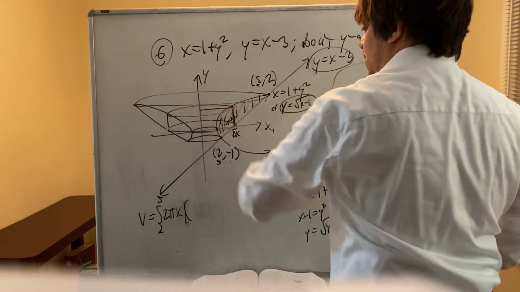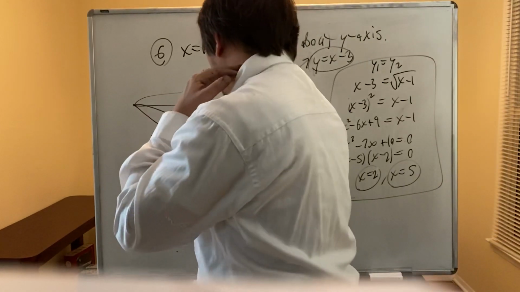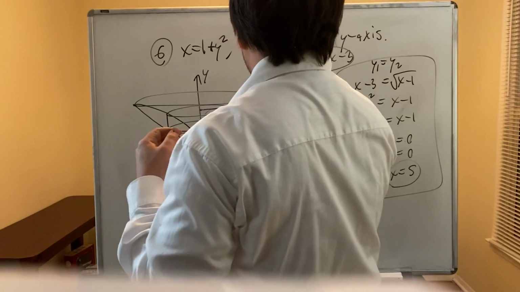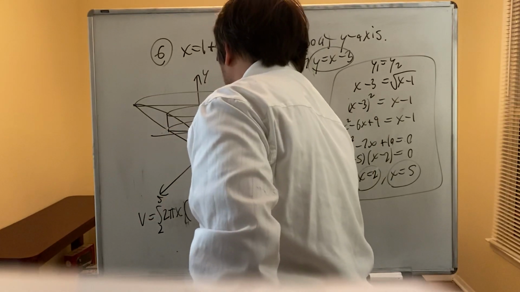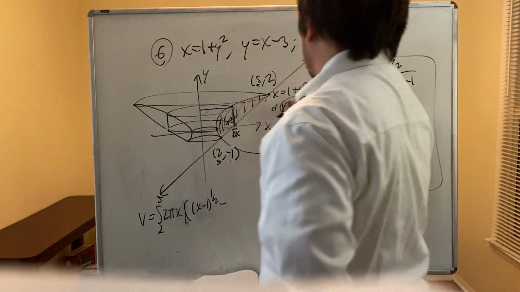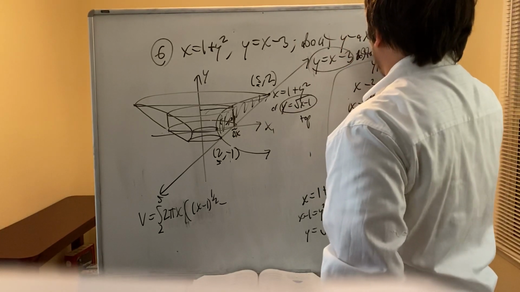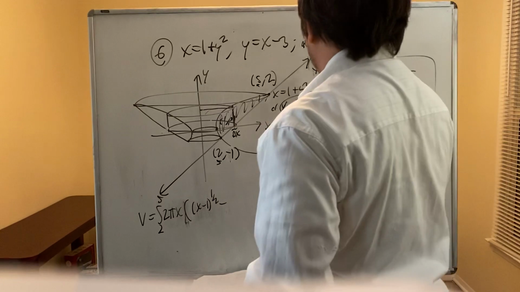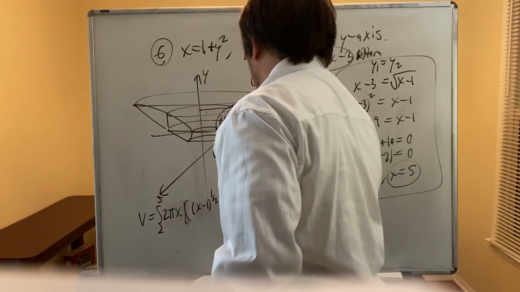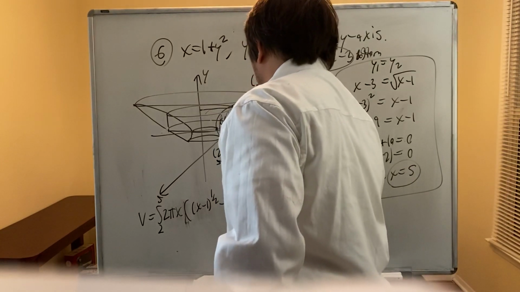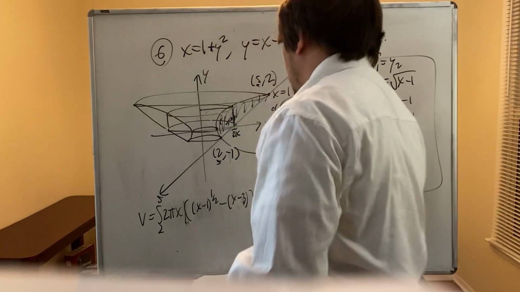The height is now the difference of y values, and the difference of y values is x minus 1 to the 1/2, the top function, minus the bottom function, minus x minus 3, dx.